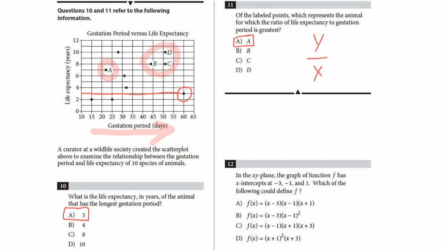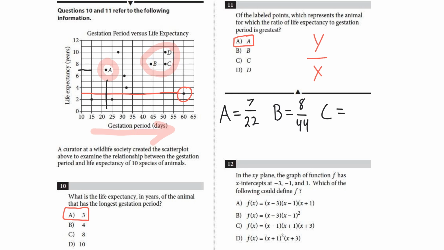Now you can go in and check pretty quickly these values, right? So if we look at A, it looks like 7 right here, and A is going to be 7 over 22. B is going to be 8 over 44.